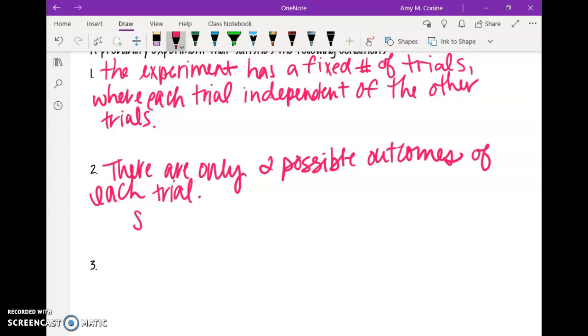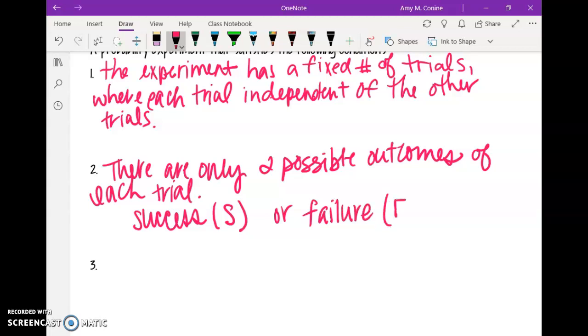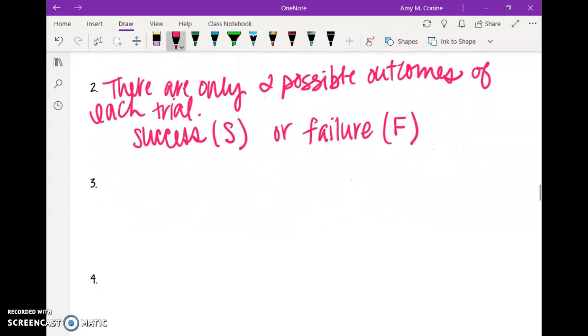It's either going to be a success or a failure. So success or fail. So that's the second one. There are only 2 possible outcomes for each trial. They'll either be a success or a failure. So S or F.